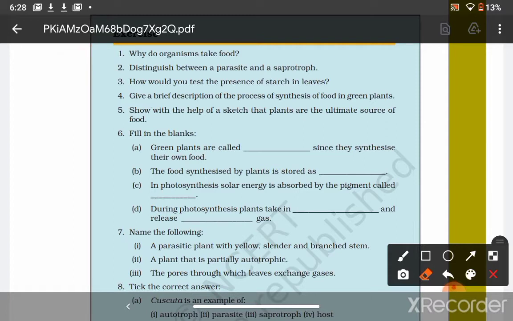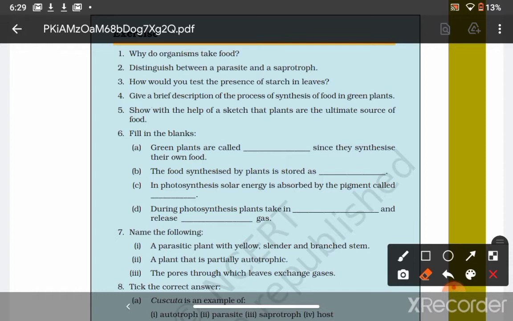How would you test the presence of starch in the leaf? So first you need to take two pots, keep one pot in the daylight and keep one pot in the dark for 72 hours. Check the daylight plant, take its leaf and do an iodine test on it. There will be a presence of starch, so the iodine will turn purplish, and thus it shows that the plant which was in the daylight did photosynthesis.